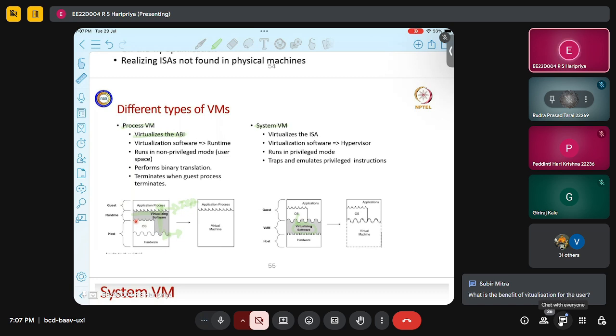What are the benefits of virtualization for the user? If I have two application programs, both programs have the illusion of having the complete hardware.